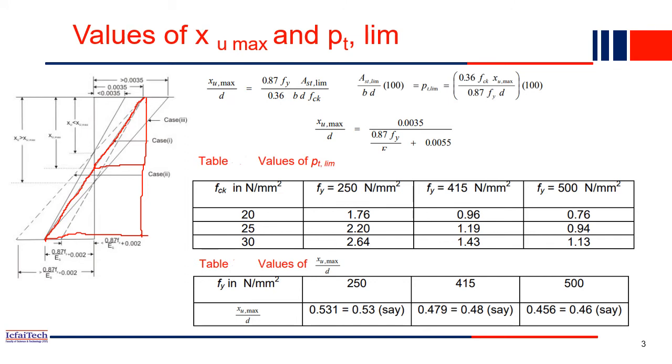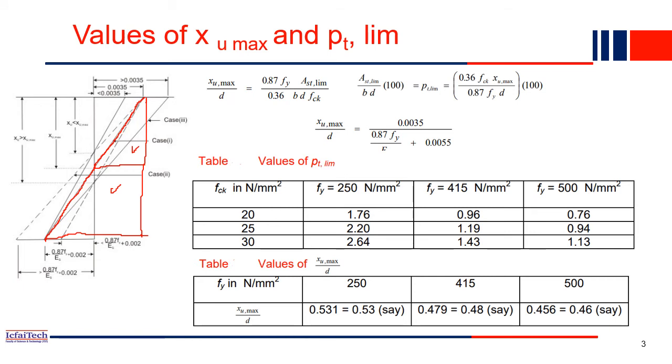Total is this XU by D, right? Here two triangles are there. One is this top triangle, another is this big bottom triangle. Now both the triangles are similar triangles. You studied in the 7th-8th standard also, we can apply the theory of similar triangles.